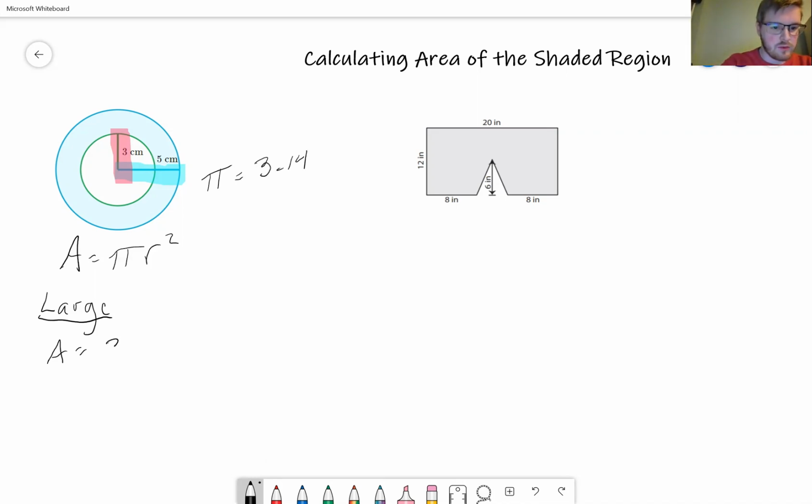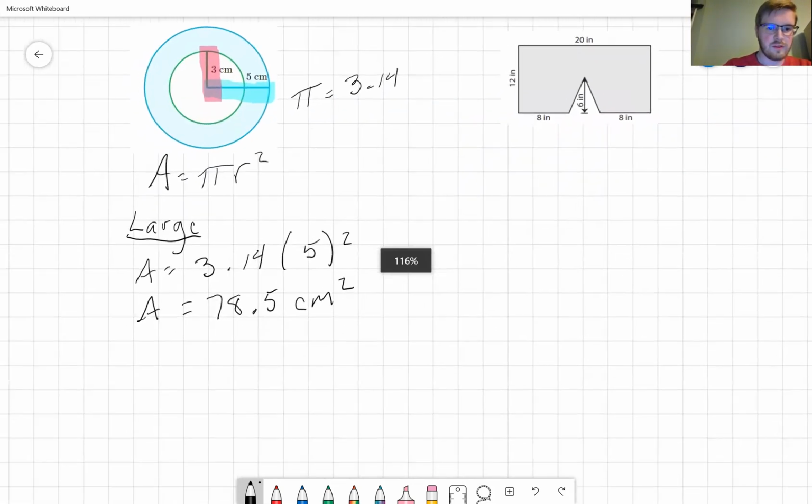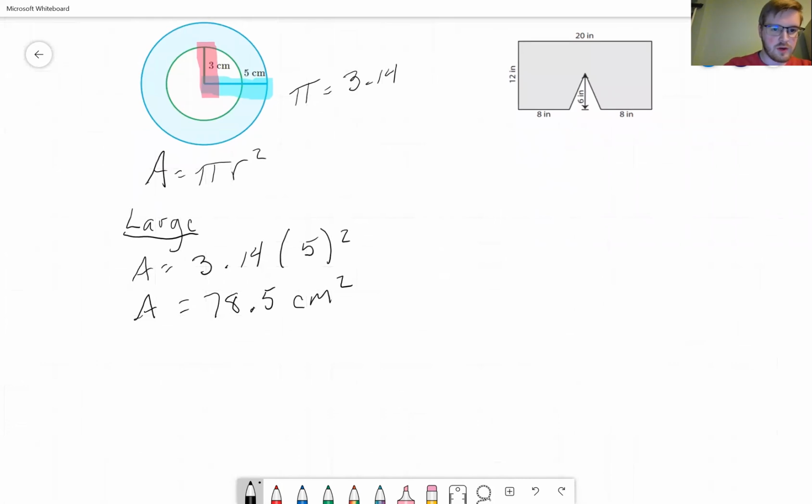So we're going to take 3.14, take that radius of 5 and square it. On our calculator, we do 5 squared times 3.14, and that gives me an area for the large circle of 78.5 square centimeters.